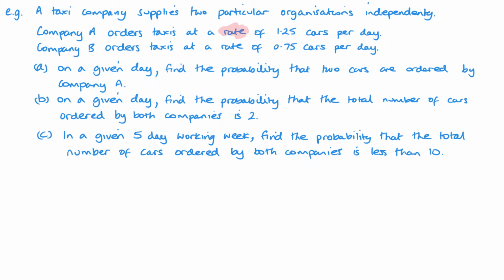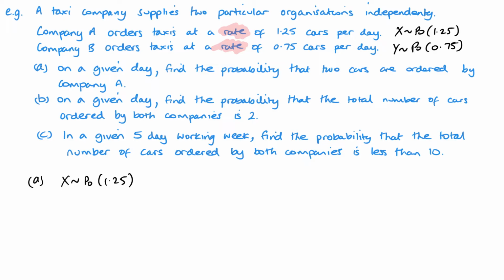We can see the word rate here, so we know we are dealing with a Poisson distribution. For part A, on a given day, find the probability that 2 cars are ordered by company A. If we call X our company A, that's 1.25, and Y will be 0.75.